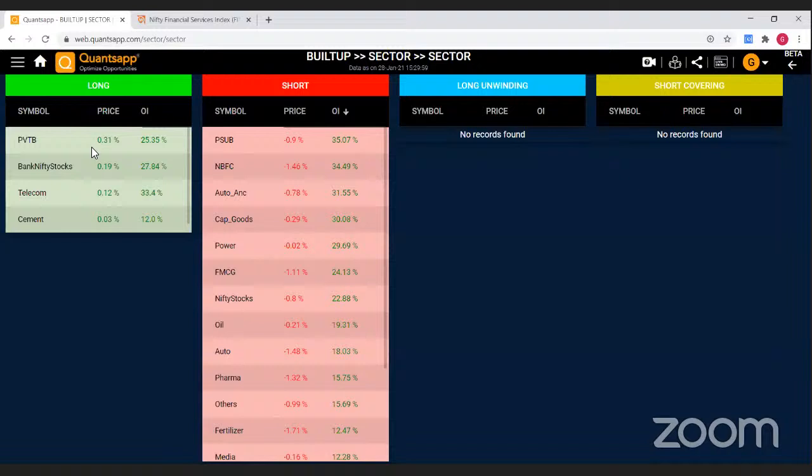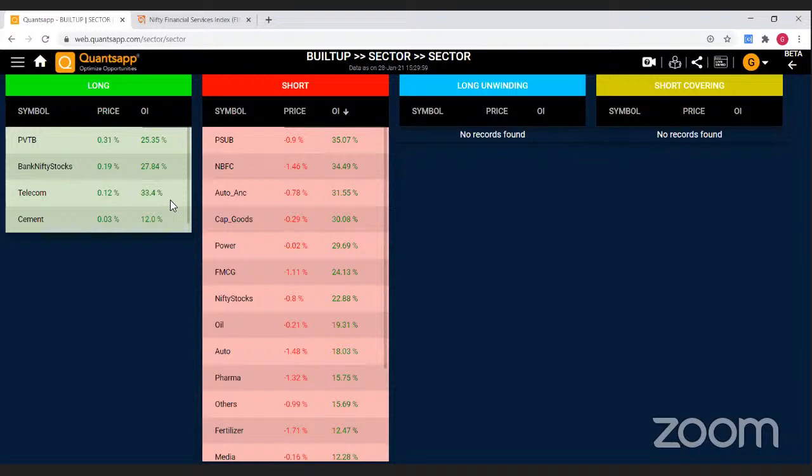So it gives me an idea कि अभी किस sector पे कैसे market participants are putting their bets. And suppose if a sector is down by 5%, 6%, इसका मतलब यही है कि उसके अंदर जितने stocks हैं उनमें भी कहीं ज्यादा movement हलचल हुआ होगा. That's why the cumulative price and OI is down.